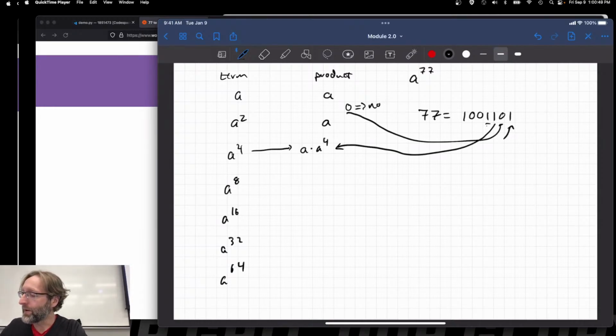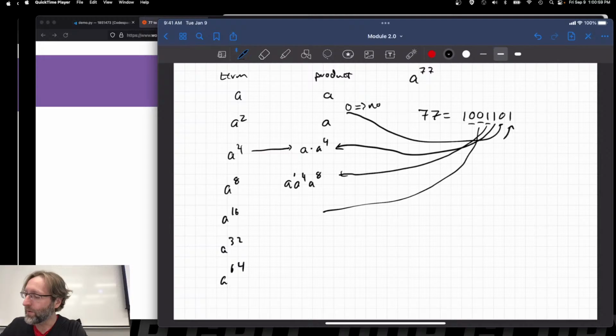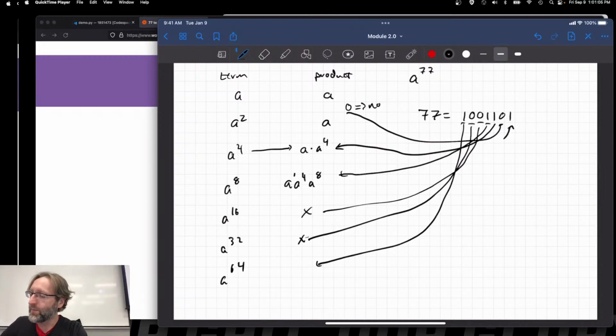The next one is 1. So A to the 4th, 1, and then A to the 8th. Nothing, nothing, and finally 1. So this gives me A to the 1st, A to the 4th, A to the 8th, A to the 64th, which is equal to A to the 77.